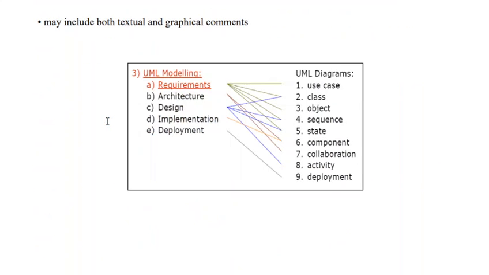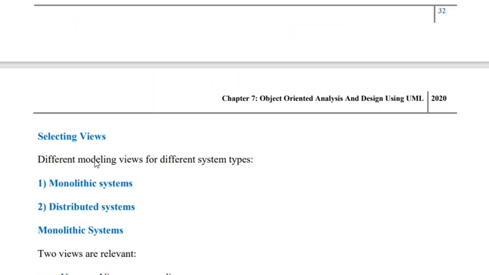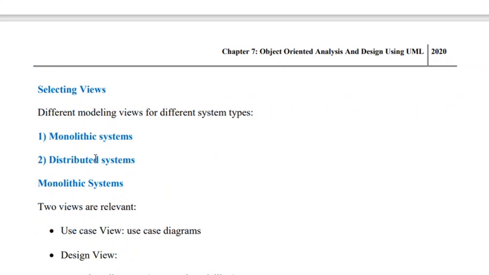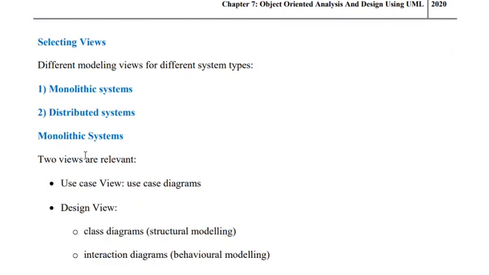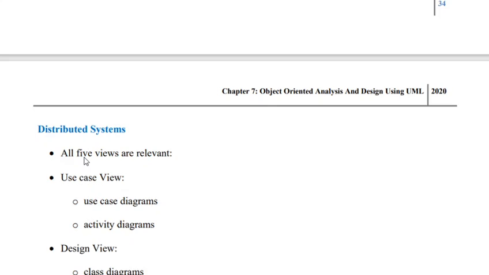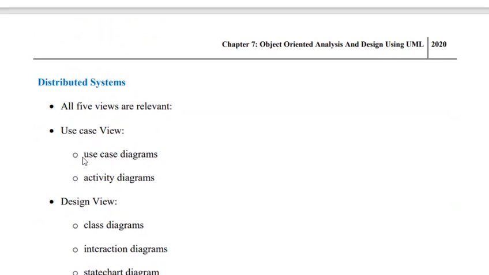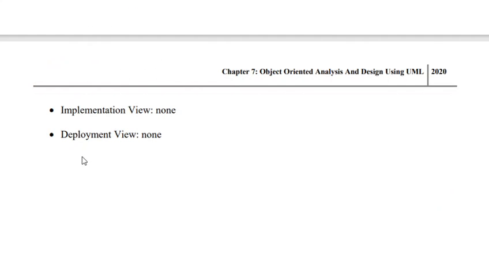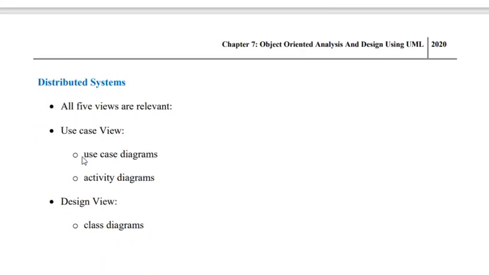Then we learned about the significance of various UML diagrams for various modeling requirements. Then we talked about monolithic systems and distributed systems, and the views that are relevant to them. We learned that only two views are relevant to monolithic systems, whereas all five views are relevant to distributed systems.